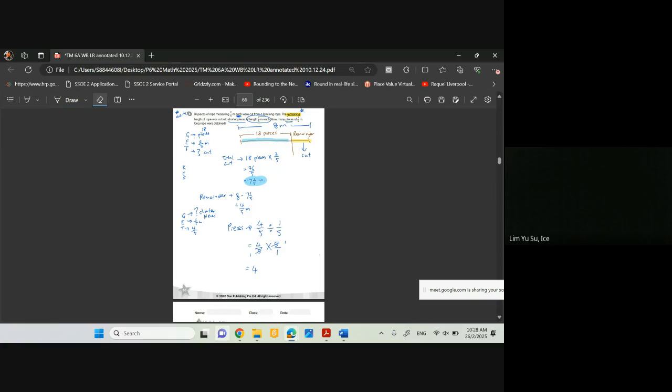So the answer here is 4 pieces of 1/5 meter each. I think the really difficult part is having resilience and patience.